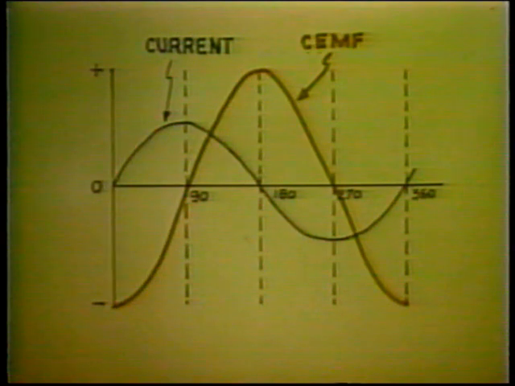Since the maximum counter EMF is induced when the current is changing at its greatest rate, and the counter EMF is 0 when the current waveform is at maximum, the counter EMF waveform can be constructed as shown. Notice, there is a 90-degree phase difference between the current in an inductive circuit and the counter EMF it produces.